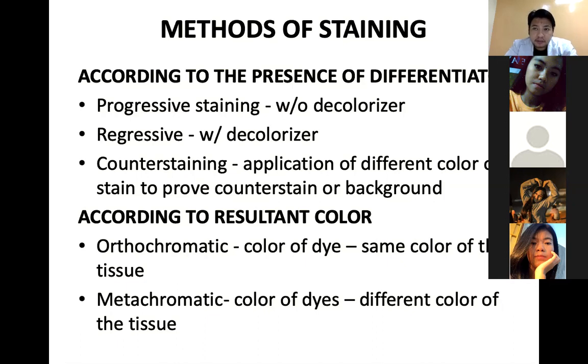For example, the color of the dye is blue, but the tissue appears to be violet or purple. That's metachromatic staining. Meaning it comprises different hues or colors in our stain. So the one being stained has an affinity for those types of colors, and only that specific type of color will be stained.